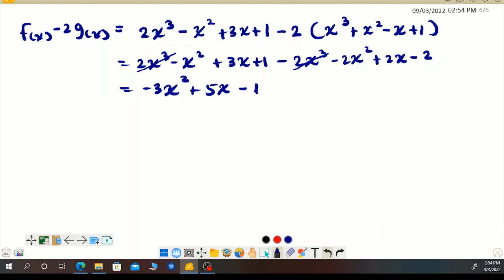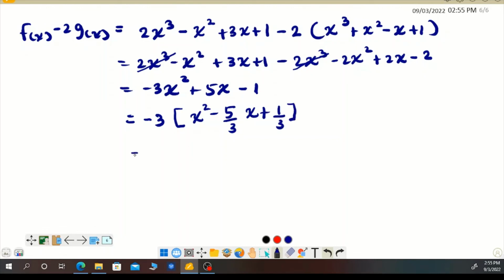We can find it using differentiation also, but in this problem we don't use differentiation. So this is a quadratic function. By using the completing square method, I can find the maximum value. First, I am going to take minus 3 out of the whole expression. Then it becomes x squared minus 5 divided by 3 x plus 1 over 3.